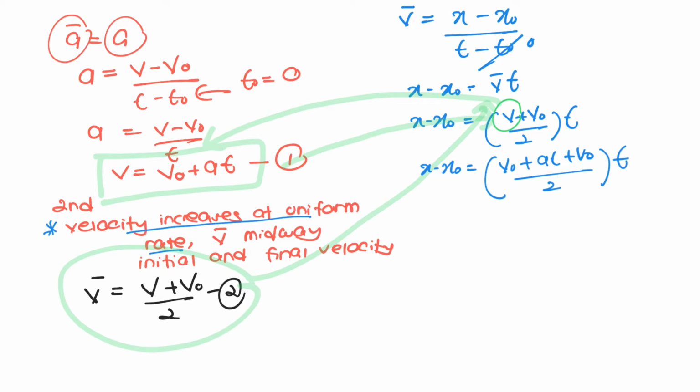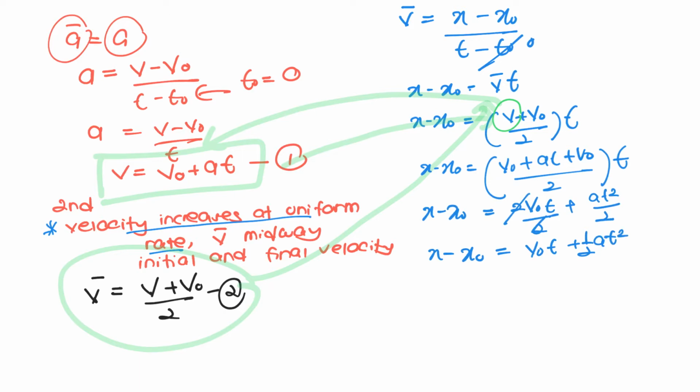Then expand the equation and you get 2 v naught t over 2 plus a t squared over 2, so the 2s can be cancelled. At the end you get the third equation, s minus s naught equals v naught t plus half a t squared.